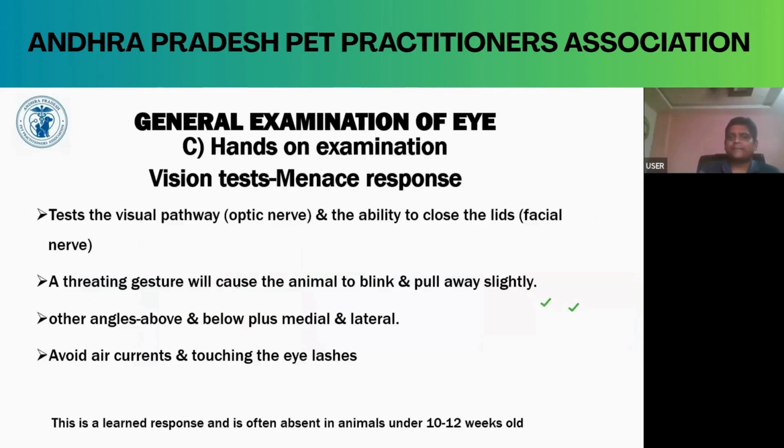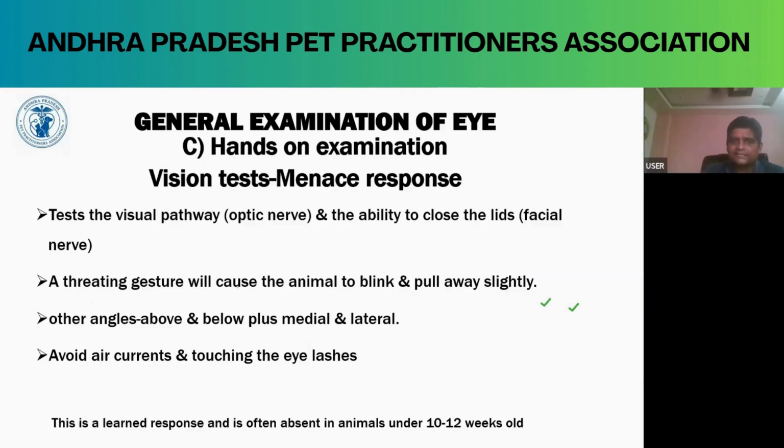Coming to the hands-on examination, for the vision test we first go for the menace response. The menace response is a threatening gesture we give, and the animal should blink or pull away slightly. This is a normal response. If it blinks or pulls the head away, it is showing a positive menace response.